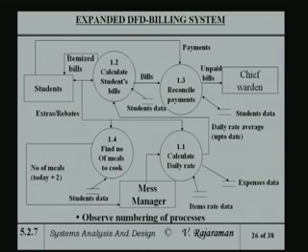Similarly, there is a separate part for reconciling payments. In other words, when the payments are received from the students, they have to be checked against the bill which is sent, and that is called reconciling.